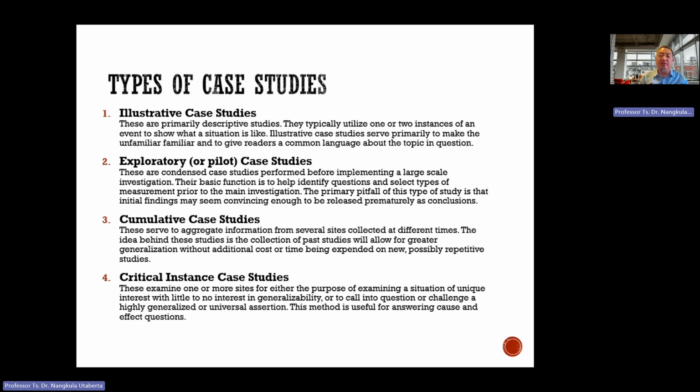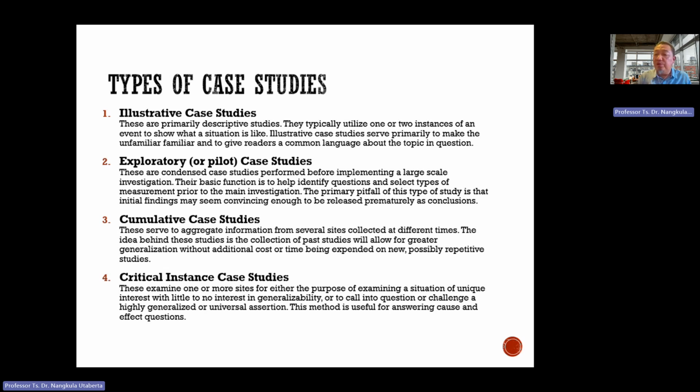That's what we call pilot case studies. A pilot case study is sometimes a trial test before you run a full-scale data collection. That we call exploratory. You can remember exploratory or pilot case studies.